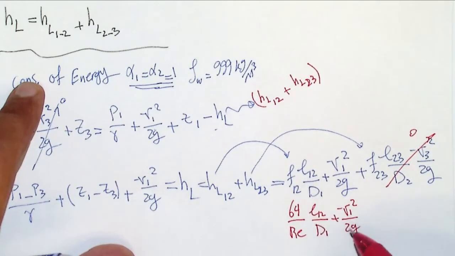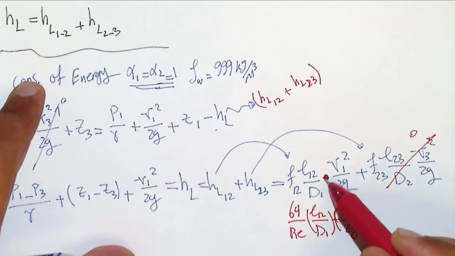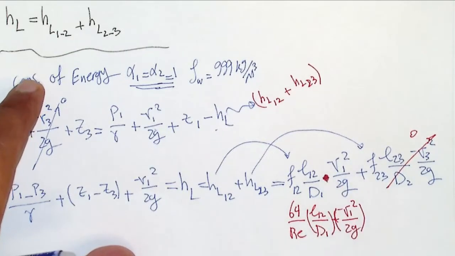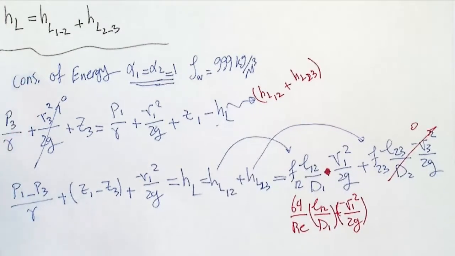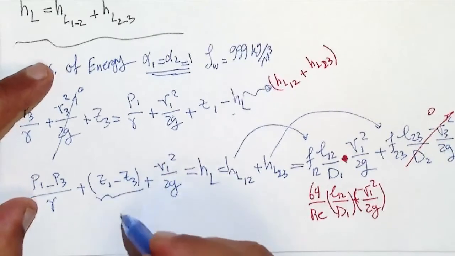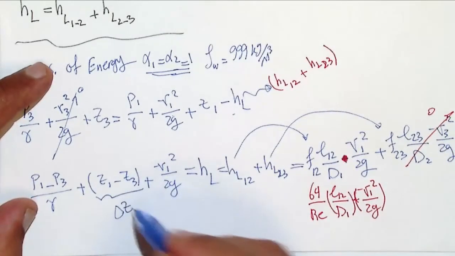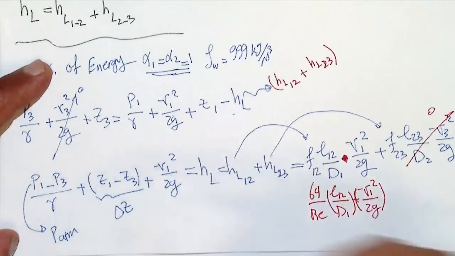I can replace, that's not plus, that's multiplication, right? So this is going to be 64 over Reynolds times L12 over D1 times V1 squared over 2g, right? What about Z1 minus Z3? Z1 minus Z3 is going to be your delta Z, and also you have P1 as atmospheric pressure.